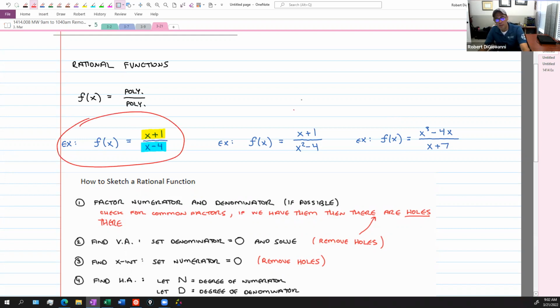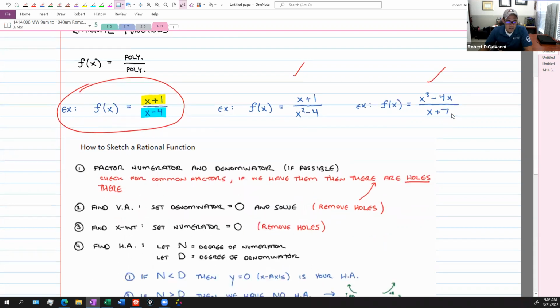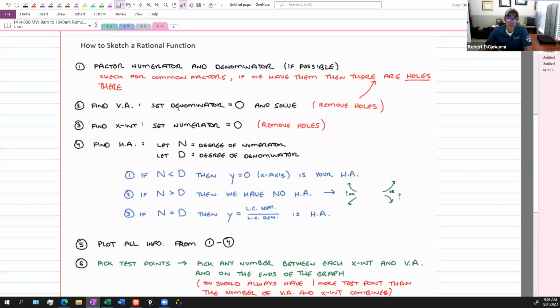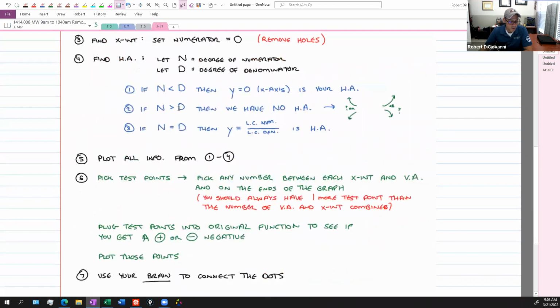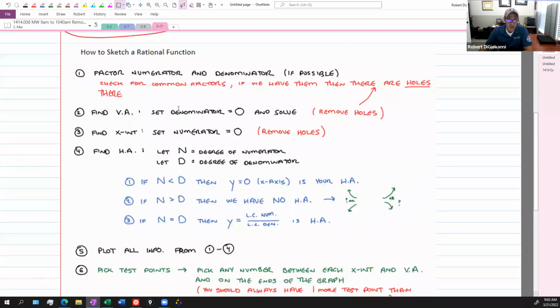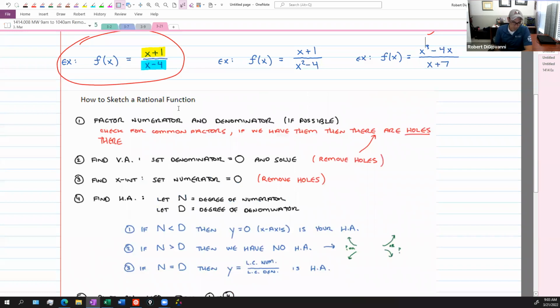And I asked you to maybe try those 2 on your own. If you did, great. If you didn't, don't worry about it. I'm actually going to do those today. And then here are the steps for graphing a rational function. There were 7 steps.